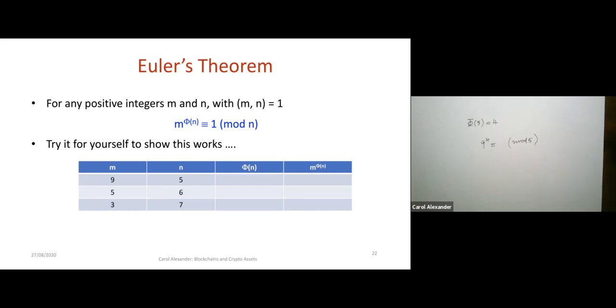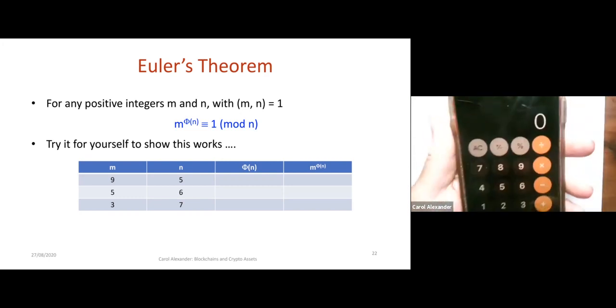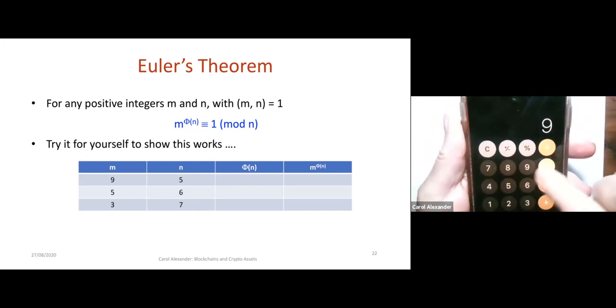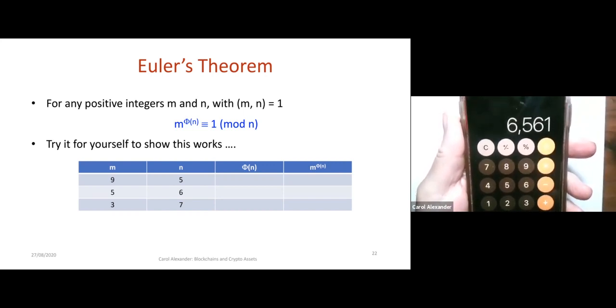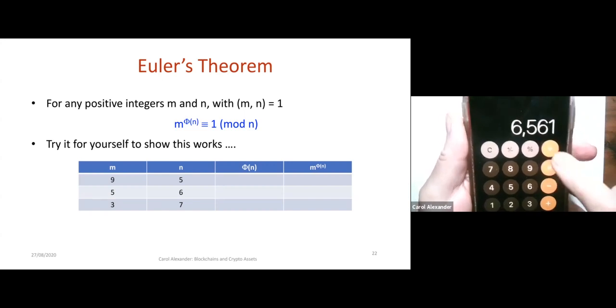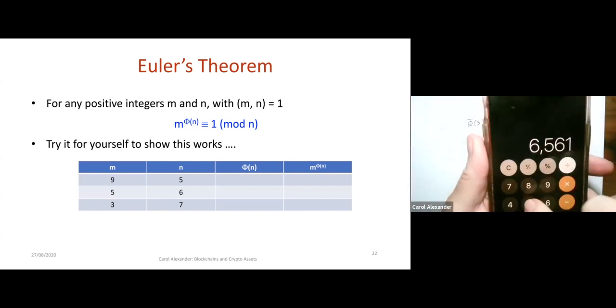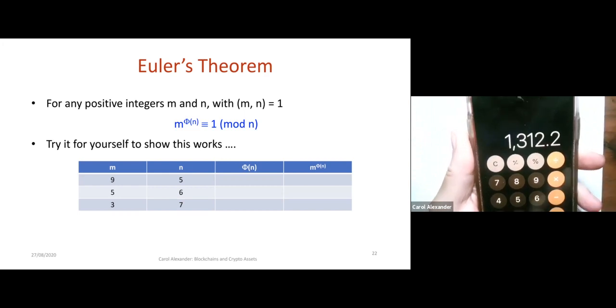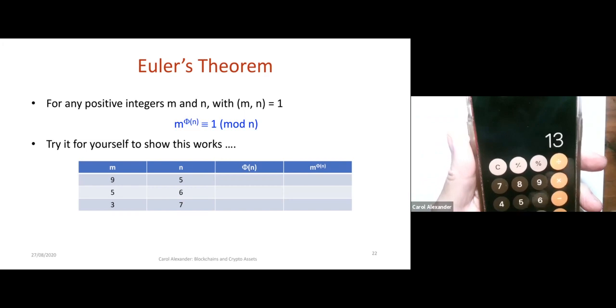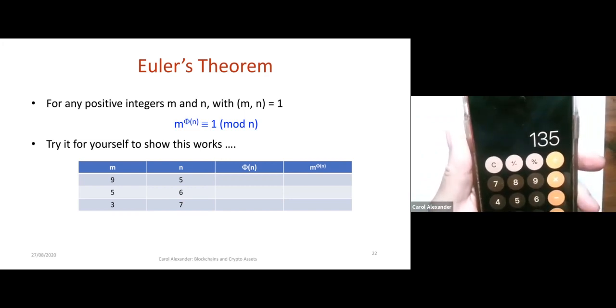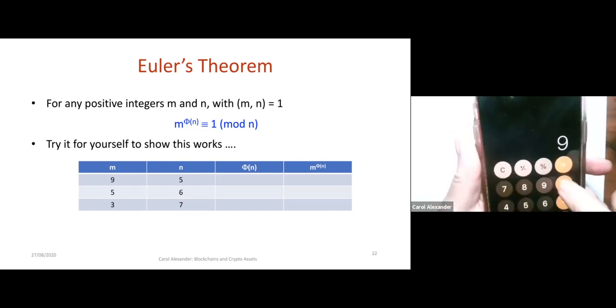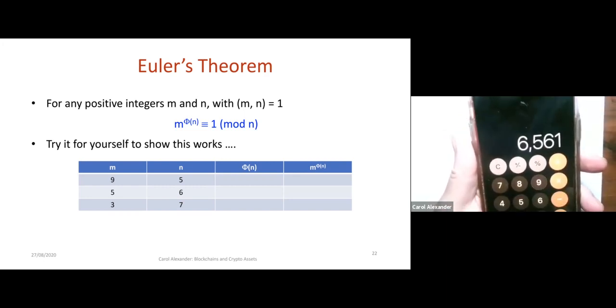Okay, so that's the calculator. 9 times 9 times 9 times 9, that's 9 to the power 4. And then divide by 5. Messed up, actually. Let's start again. 9 times 9 times 9 times 9 equals, that's right.